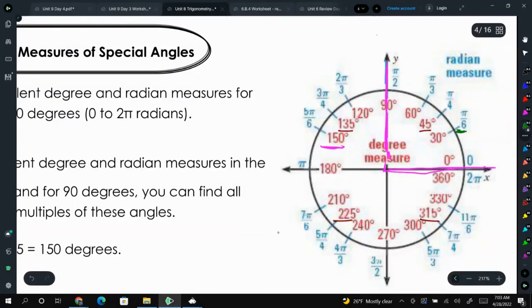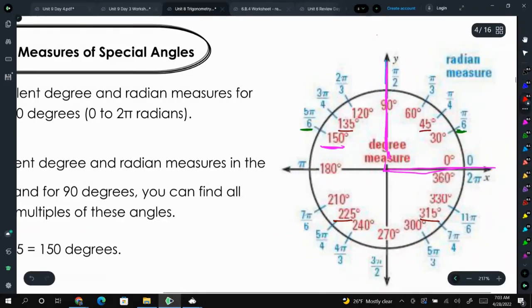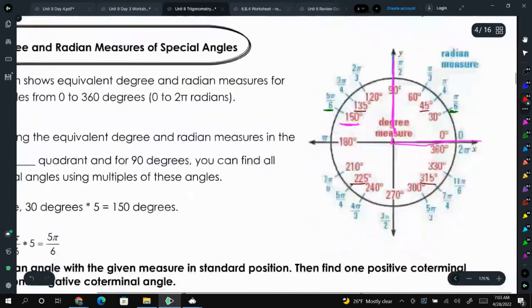Pi over 6 times 5 is 5 pi over 6. So you can get your other angles from the previous ones. And you're going to find throughout this whole unit that if you know the first quadrant of things, you can then reflect it and use patterns to find the rest, so you don't have to memorize as much.